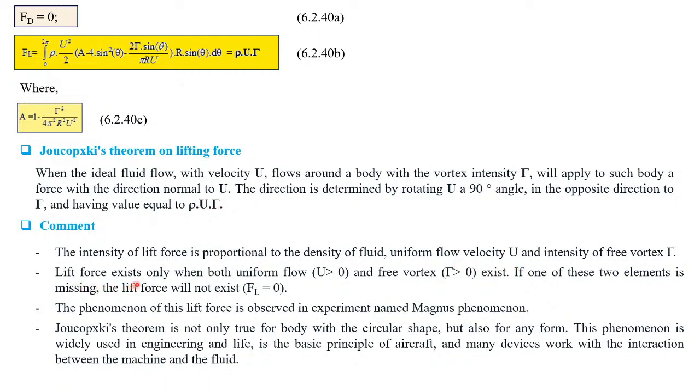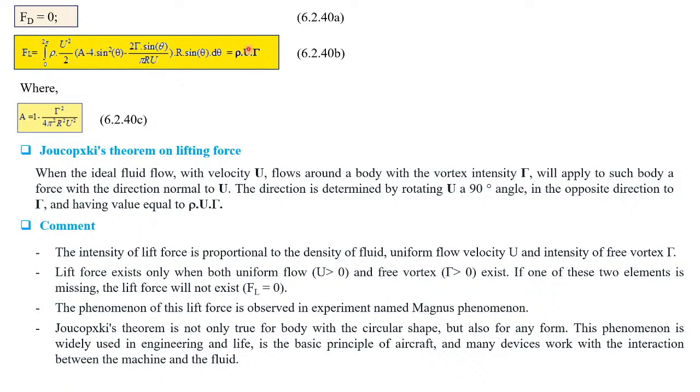Lift force exists only when both uniform flow and free vortex exist. The value of FL exists, that means it is different from zero, if both U and gamma exist at the same time. If we just have velocity U, not gamma, this becomes zero.